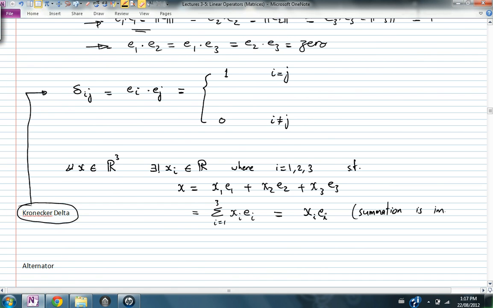Now, throughout the course, I'm always going to make it clear whether summation is implied or not, whether I'm using this convention or not.